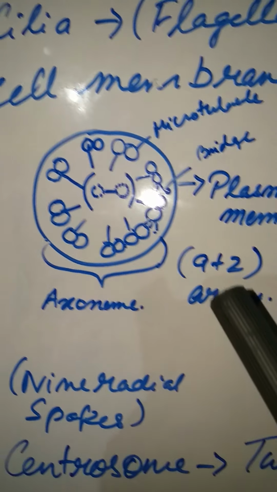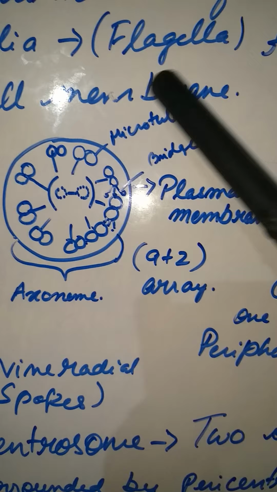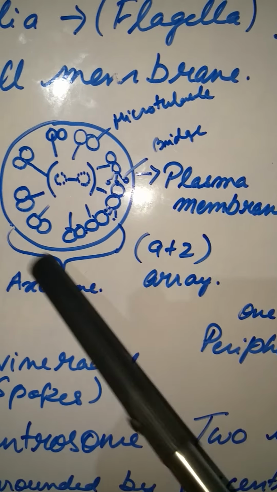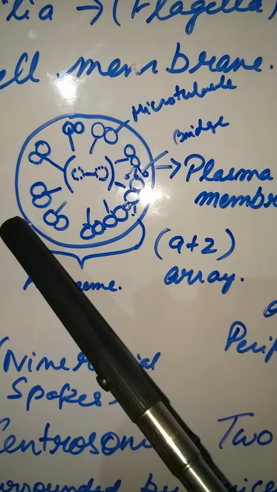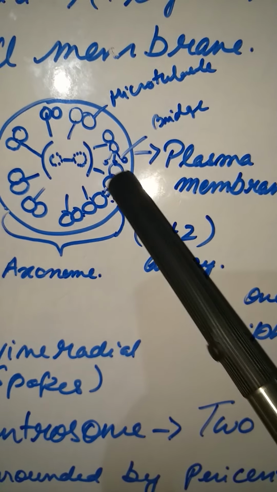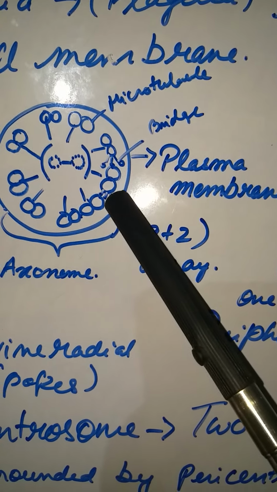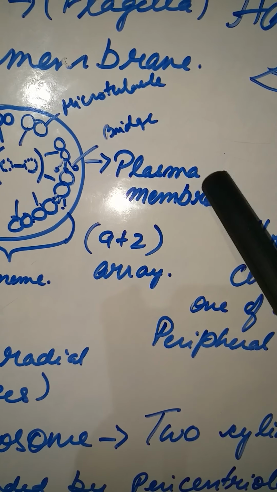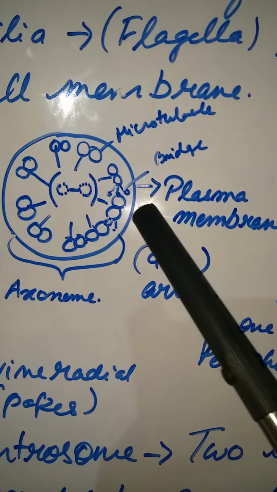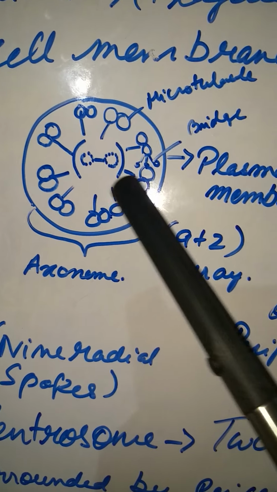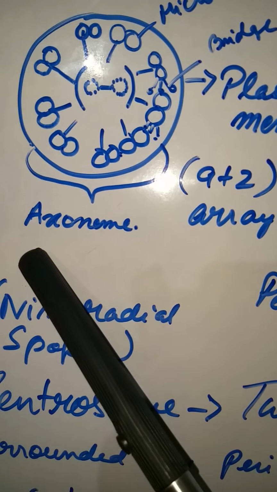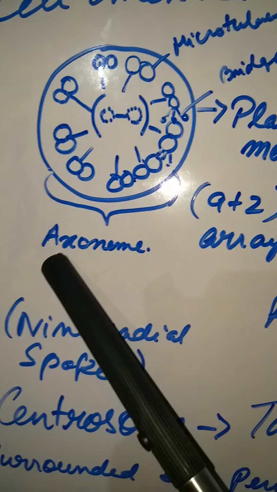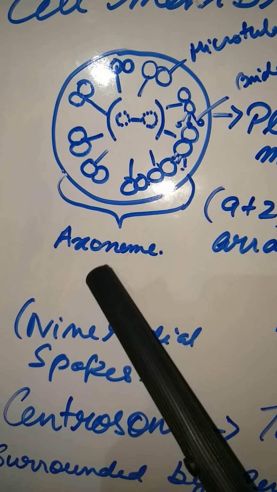Now, this is the electron microscope structure of a magnified microtubule. Basically, the outward membrane is the plasma membrane. The inner material is known as the axoneme. For example, in nerve tissue you have neurolemma.